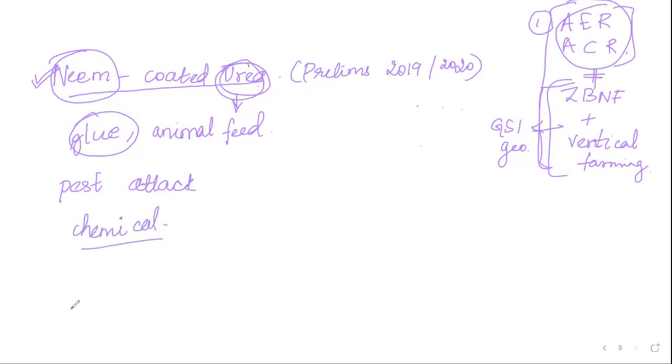Also, as I've told you, there is an improvement in soil health. There is also an improvement in agricultural yield, in terms of paddy, sugarcane, and certain pulses. So these are the advantages with respect to neem coating of urea.